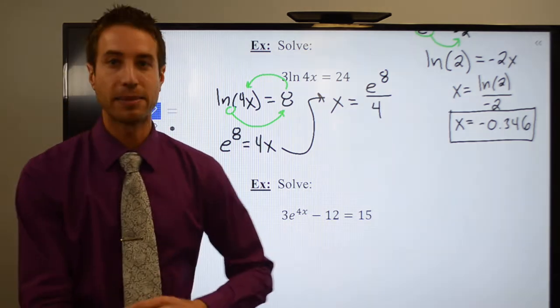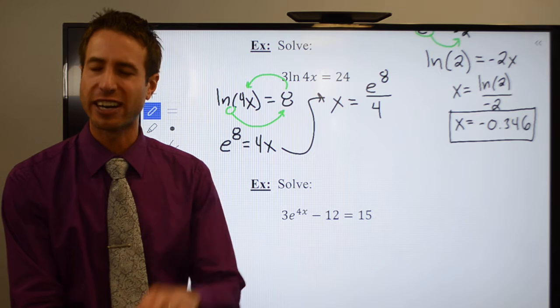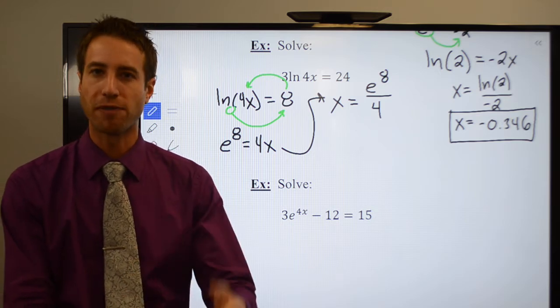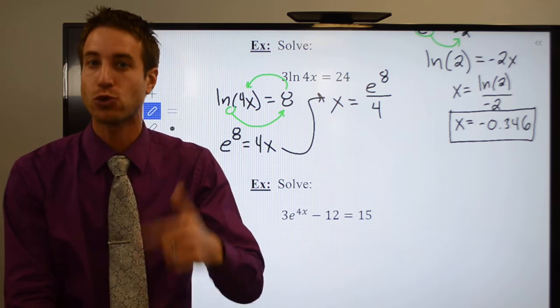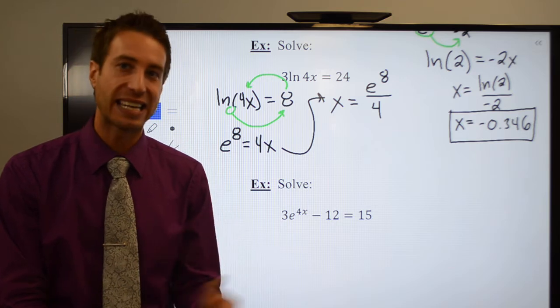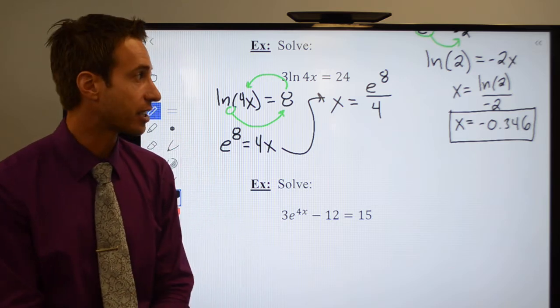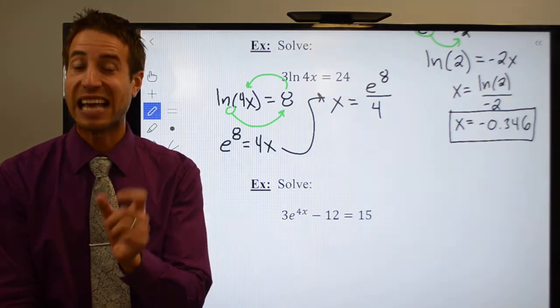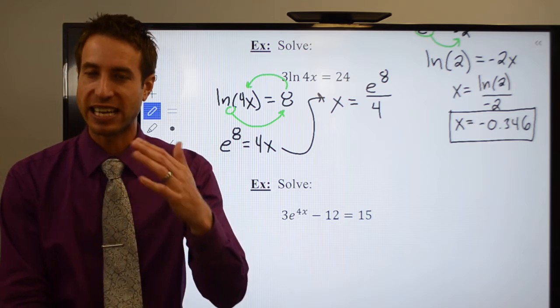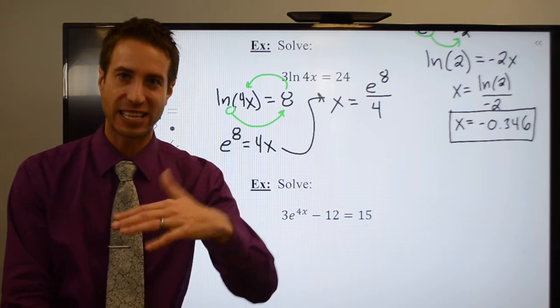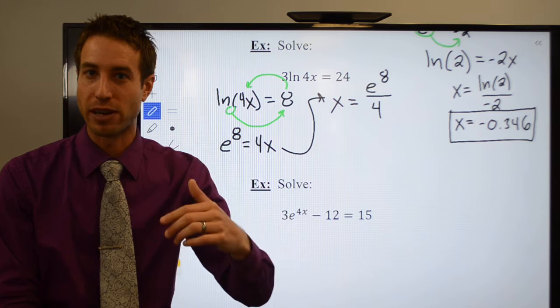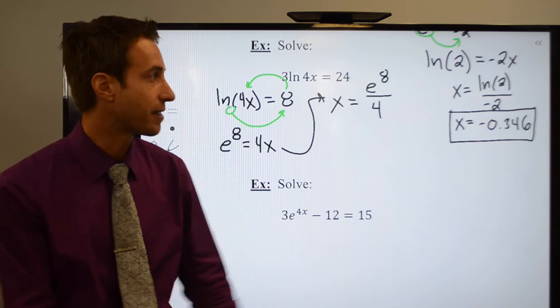And now's as good a time as any to talk about it. Again, on your calculator, they're so important. They show up so often. Your calculator will have a natural base exponential and a natural base logarithm button right on the calculator. There should be a button that says ln on it. If you've got a TI-84 graphing calculator, it'll be on the left-hand side somewhere around where the number 4 is, just off to the left of that.